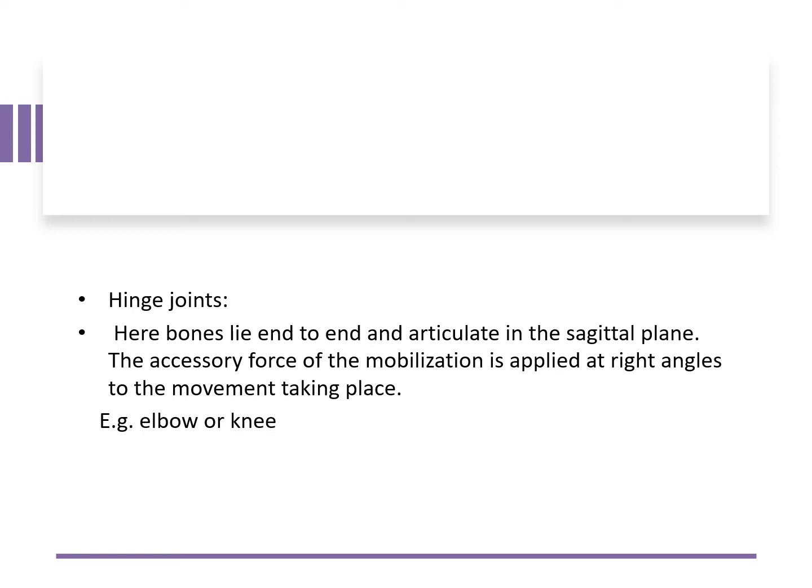So the accessory force of the mobilization should be applied at right angles to the movement taking place. In a hinge joint such as the knee or elbow, your glide should be applied at right angles to the movement, so 90° to flexion or 90° to extension. In that manner, you have to apply the glide for a hinge joint.